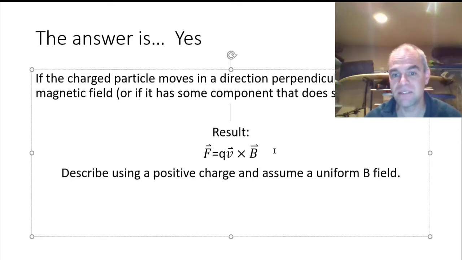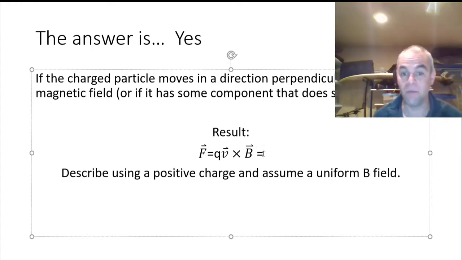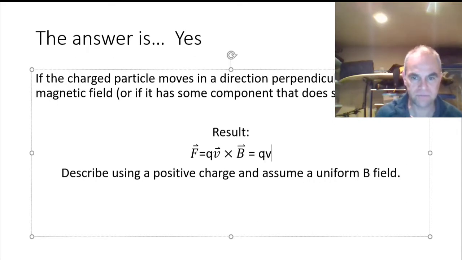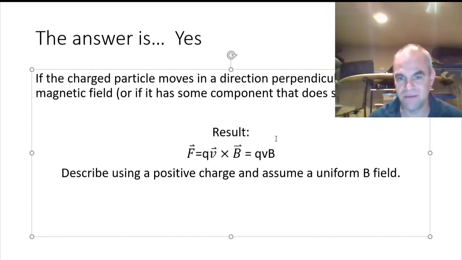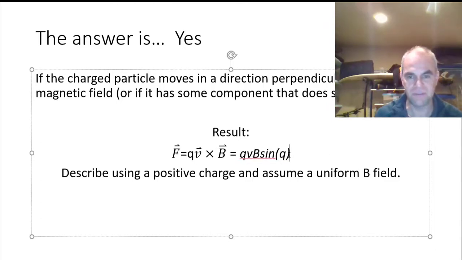So another way to write this, and I'll see if I can write it, is that F is equal to, if you just want to know how big it is and not worry about the direction, Q times V times B. I'm just going to write the symbols there without any vector sign on them, but multiplied by the sine of the angle between V and B. Let me make that be an angle.